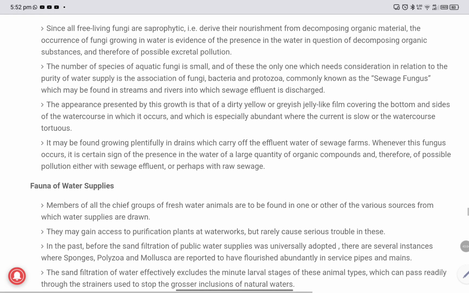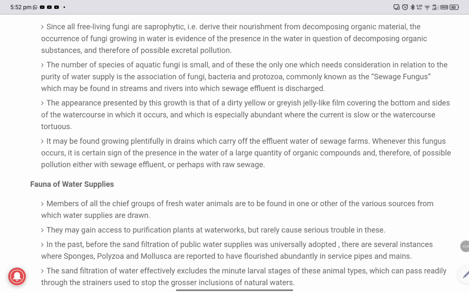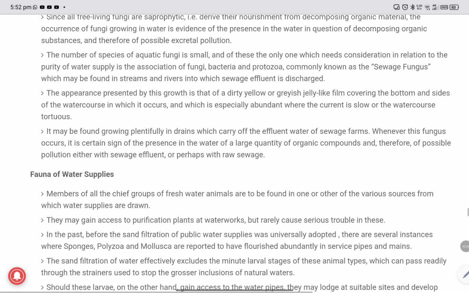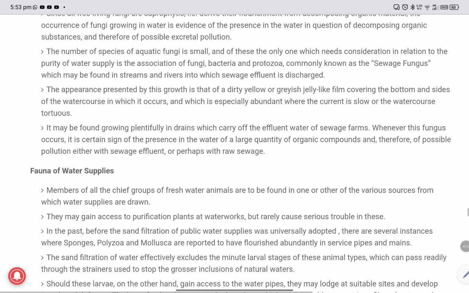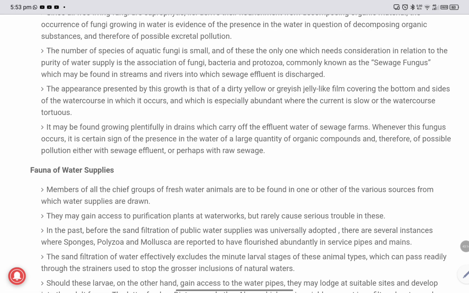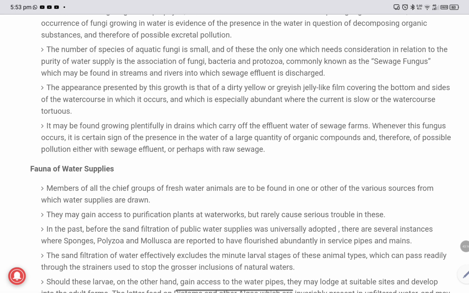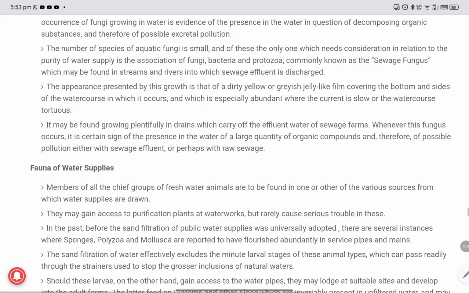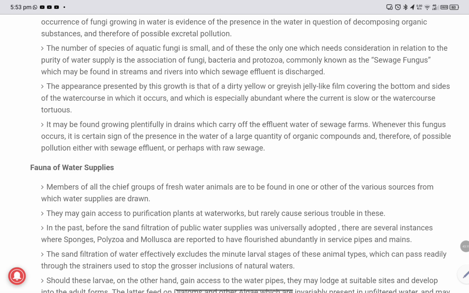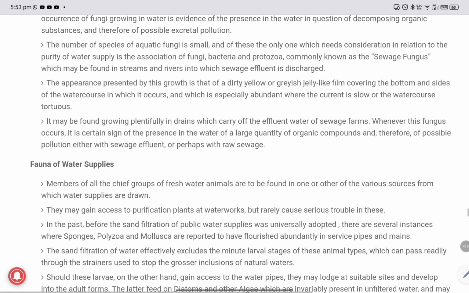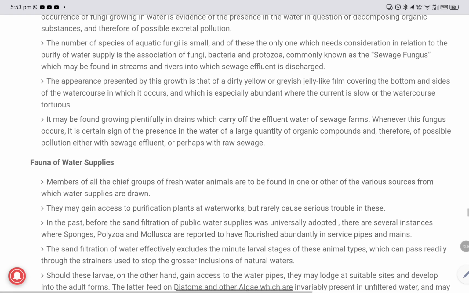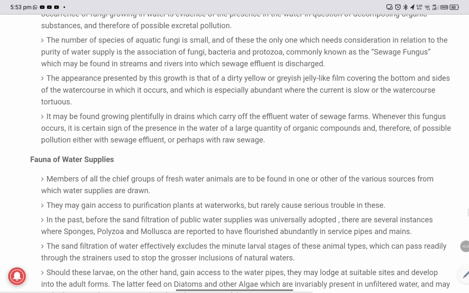The number of species of aquatic fungi is small, and of these the only one which needs consideration in relation to the purity of water supply is the association of fungi, bacteria and protozoa commonly known as the sewage fungus, which may be found in streams and rivers into which sewage effluent is discharged.